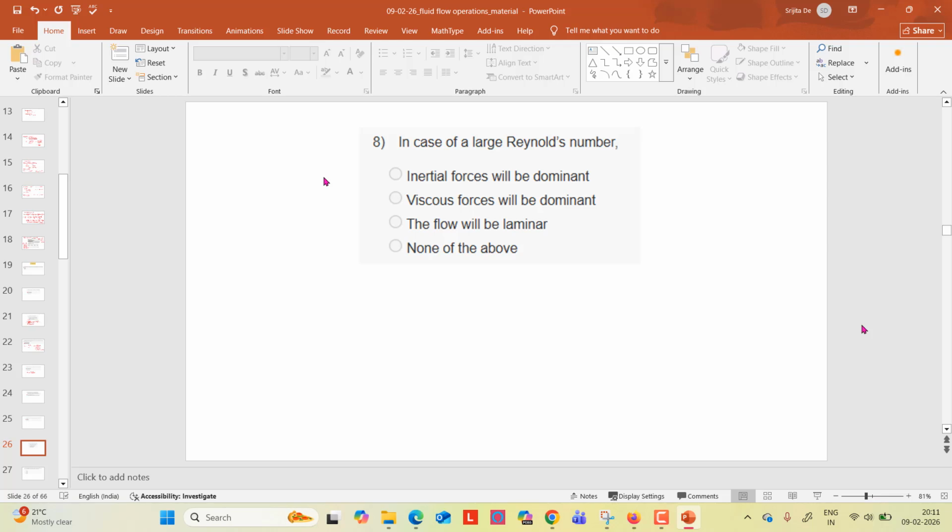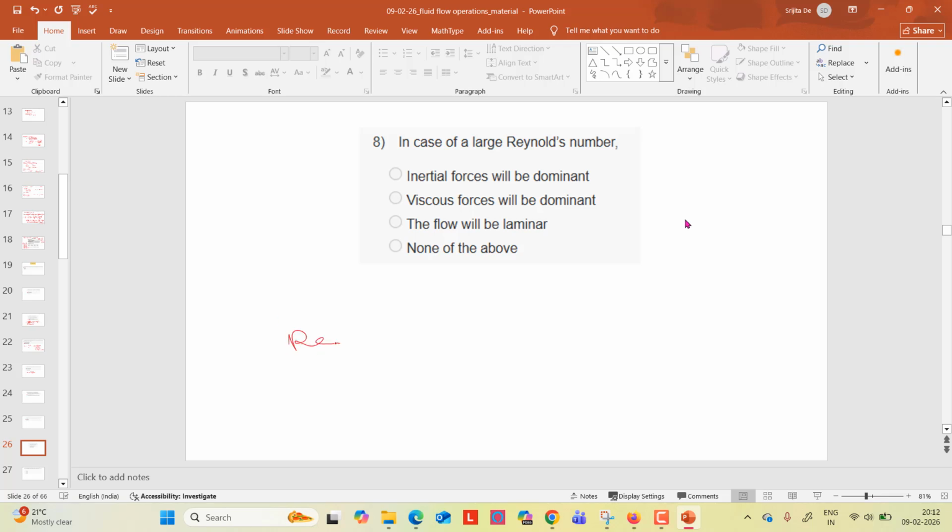Next. In case of large Reynolds number, inertial forces will be dominant, viscous forces will be dominant, the flow will be laminar, none of the above. What is true? Tell me. I'm giving time because I have told what is the definition of Reynolds number. From there only you can tell this.